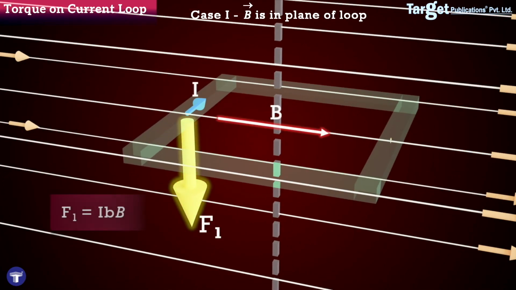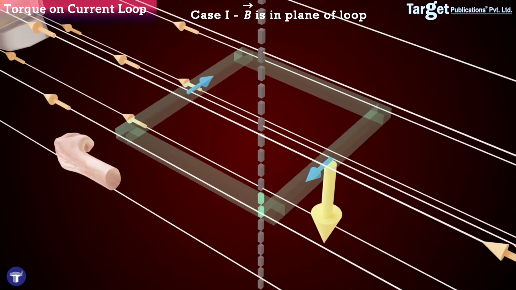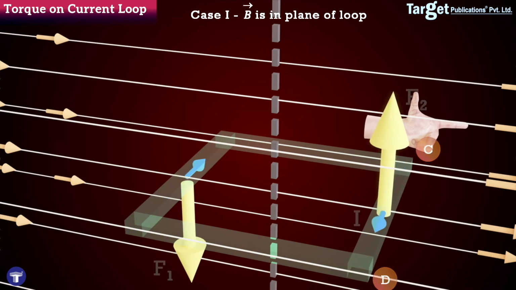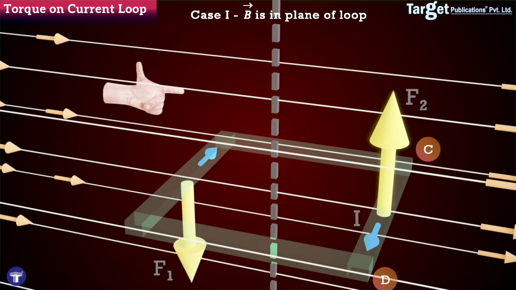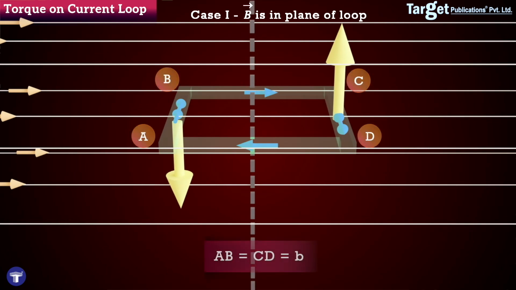F1 is equal to I b B, where small b is the length of the arm AB. Similarly, the field exerts a force F2 on the arm CD, and F2 is directed upwards. F2 and F1 are equal in magnitude because the arms CD and AB are the same in length.